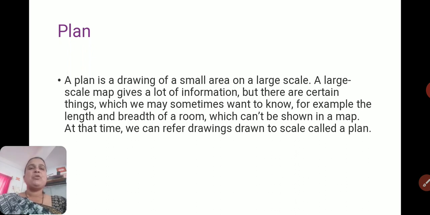A plan uses a scale to show how things will actually be after construction. So a plan is a drawing of a small area on a large scale. A large scale map gives a lot of information, but there are certain things we may want to know, for example the length and the breadth of a room, which can't be shown in a map. At that time we can refer to a drawing made to scale, called a plan.